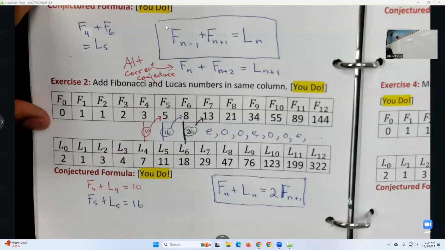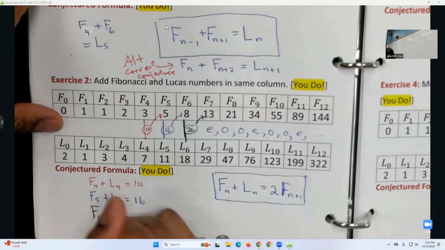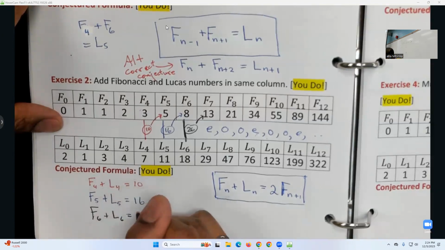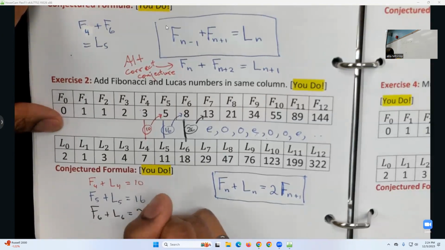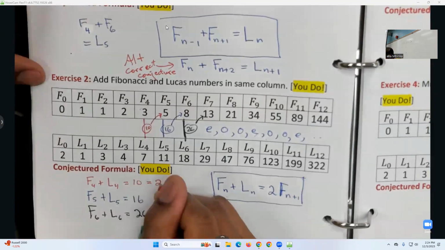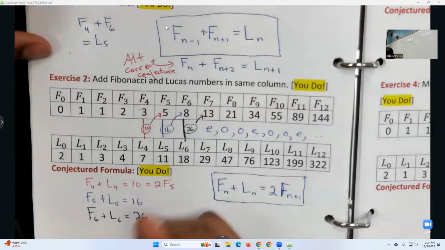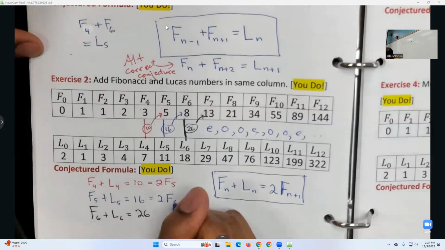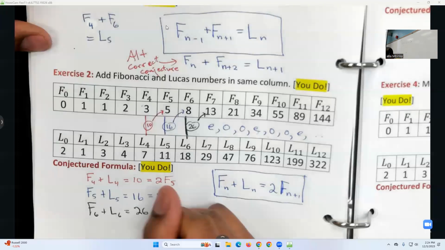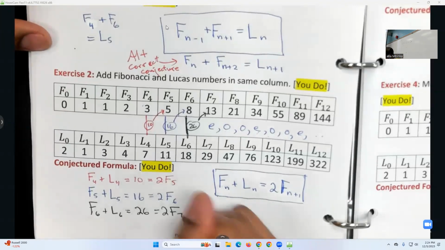All right, so let's just write this one in black that I just did. F6 plus L6 equals 26. So let's think. This red thing 10 is double F5. This blue thing 16 is double F6, and this black thing 26 is double F7.